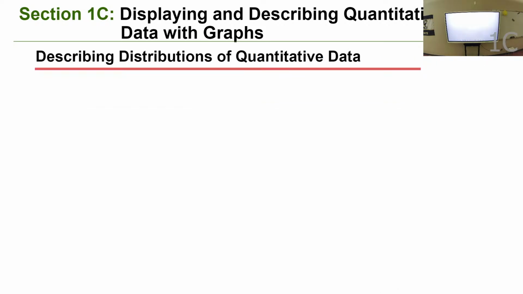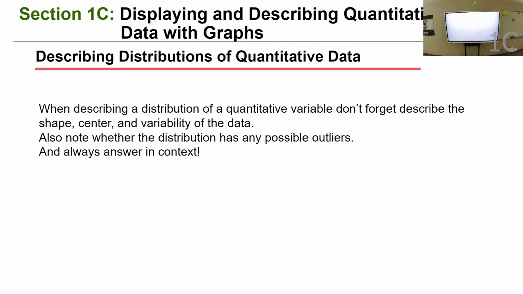Describing distributions. When describing a distribution of a quantitative variable, don't forget to describe the shape. You have to describe the shape. And that's all we've really talked about right now.